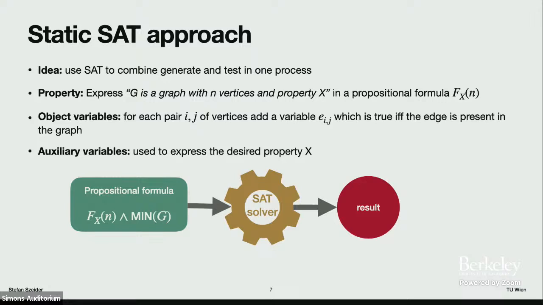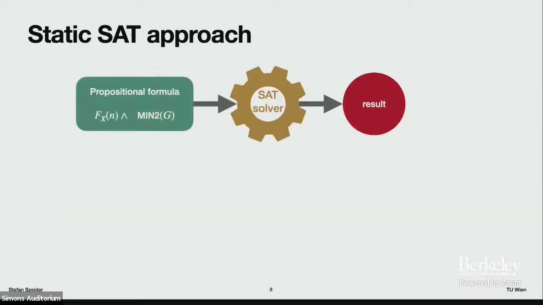However, there is a caveat, because it's not known how to express this complete minimality check with a polynomial number of clauses. So people have tried the following, which works not too badly: a relaxed notion of minimality.